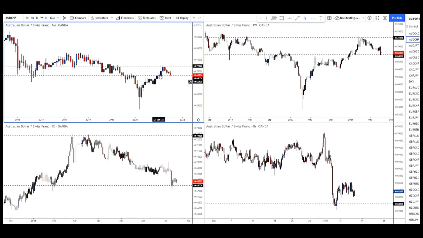So price is correcting itself in an uptrend on a monthly chart.